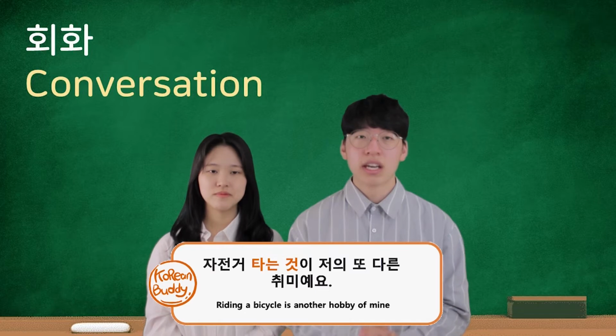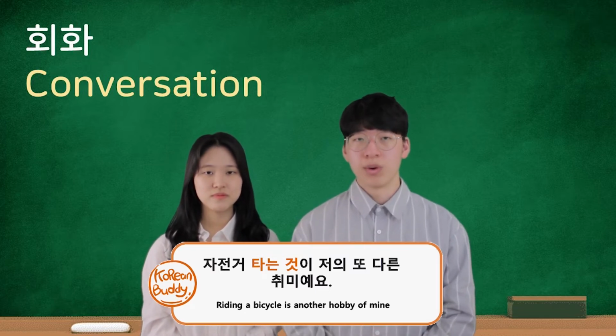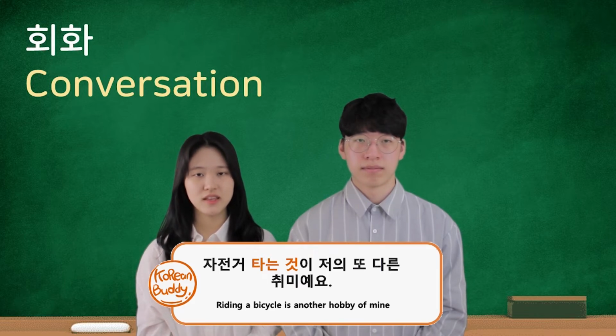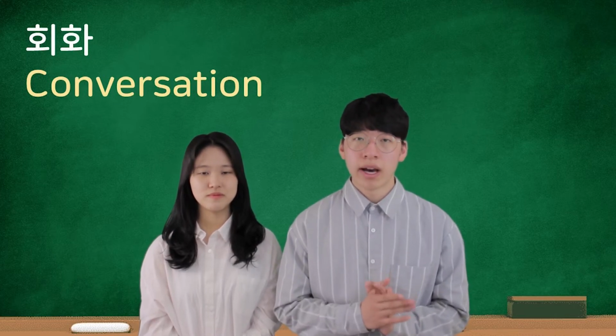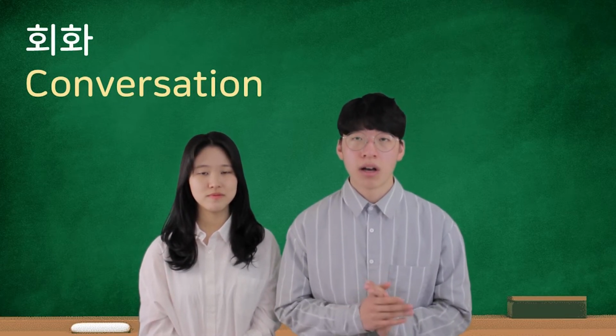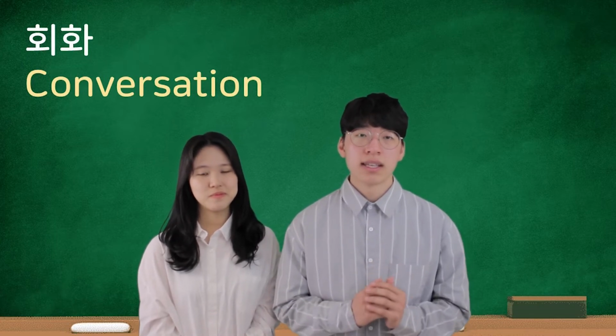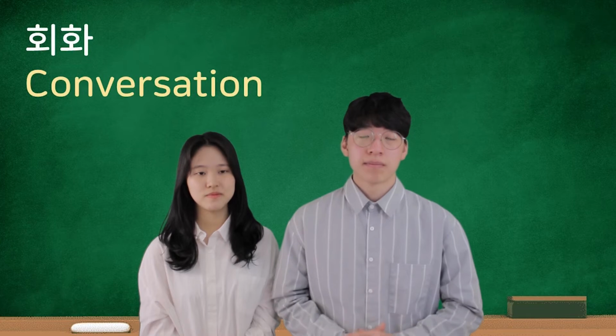자전거 타는 것이 저의 또 다른 취미예요. The meaning of this sentence is riding a bicycle is another hobby of mine. I will explain how 는 것 is used in the sentence.